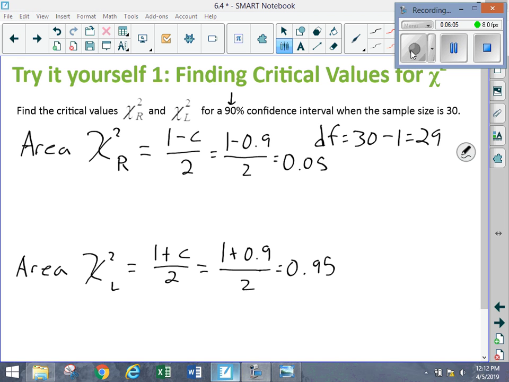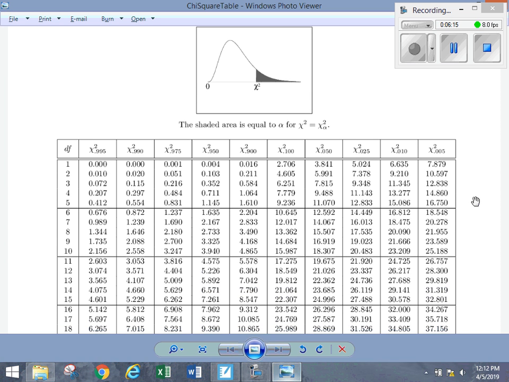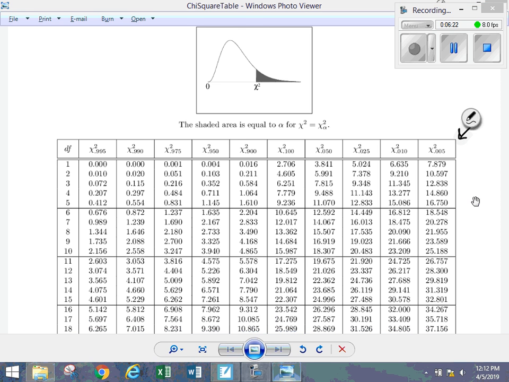So let's get our table out and have a look at it. This top row is where we're looking for the areas that we found. In this case, we found an area of 0.95 and an area of 0.05.